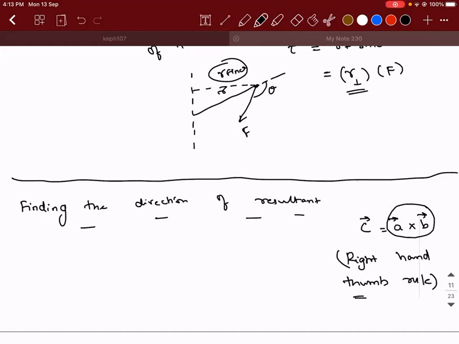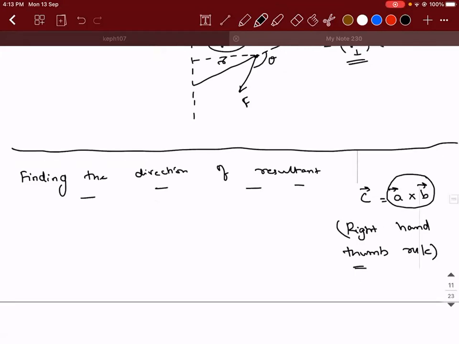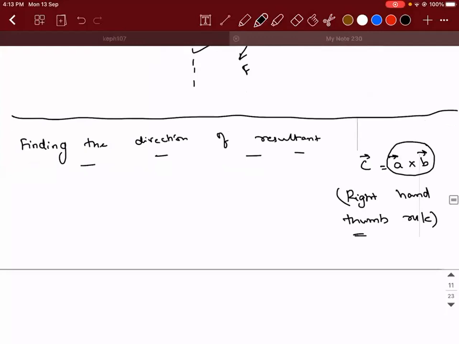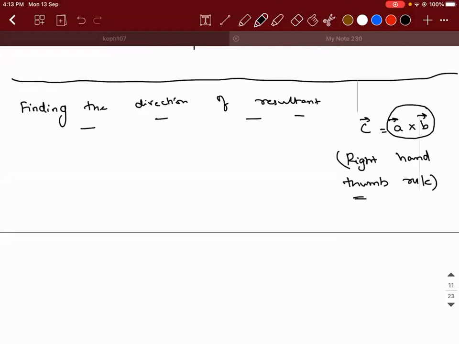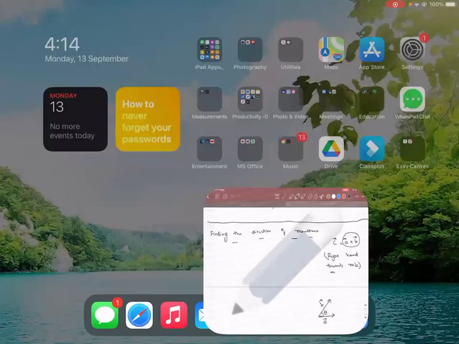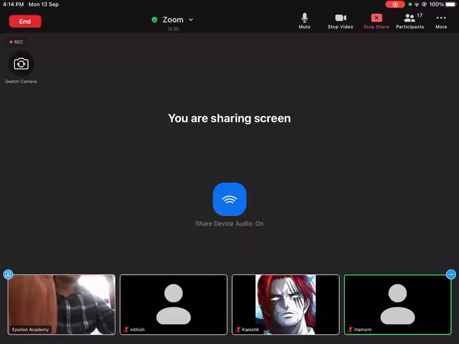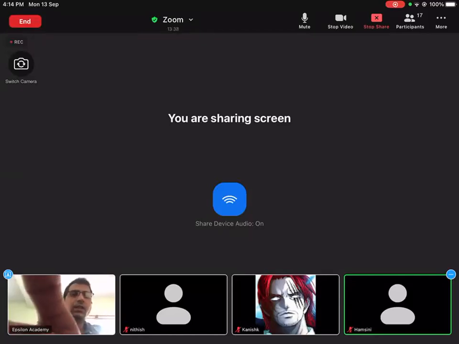If I have A vector cross B vector, then it would come towards us.